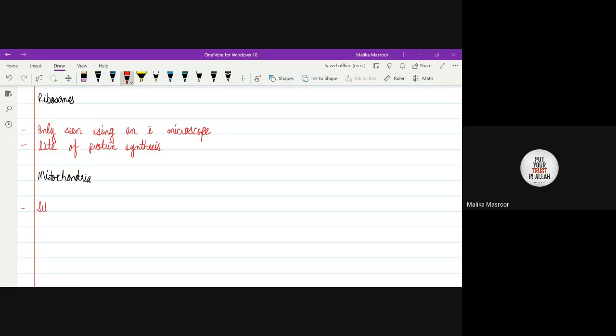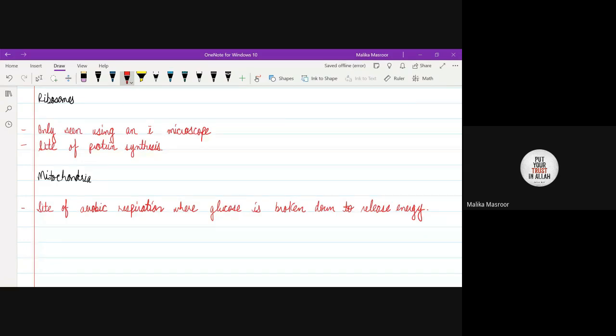It is the site of aerobic respiration, where glucose is broken down to release energy. The number of mitochondria depends on the energy requirement of the cell. Muscle cells have a lot of mitochondria, and so do liver cells.